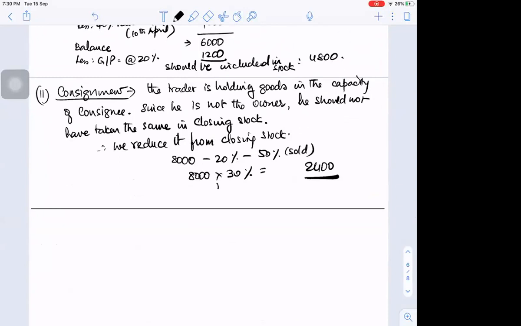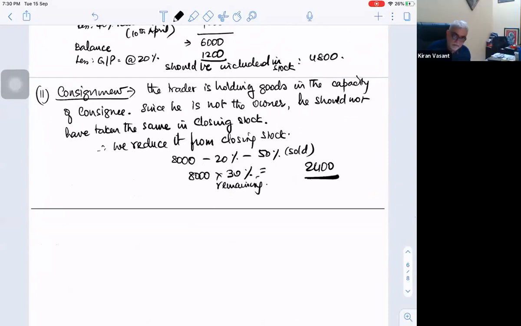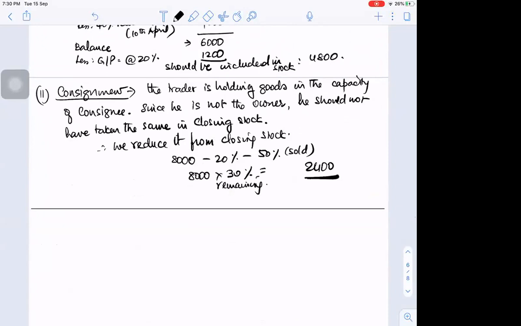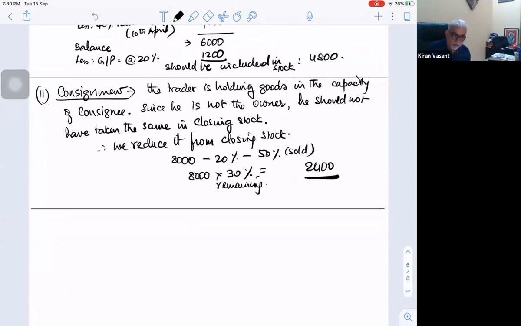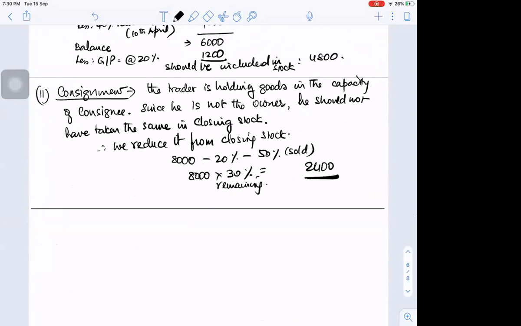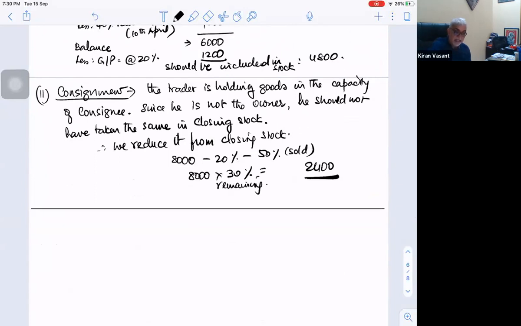If there is any sale made on consignment, then the sale will be added to the proprietor's sales, right? No. Only commission is added to the income. Sales is not added because if you are a consignee and you are making the sale, what is the journal entry you will pass?